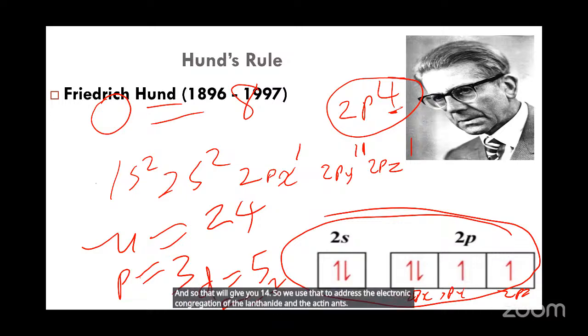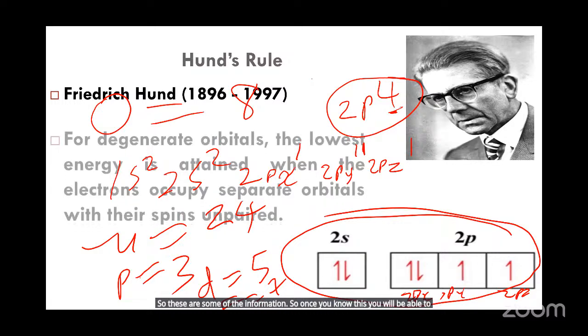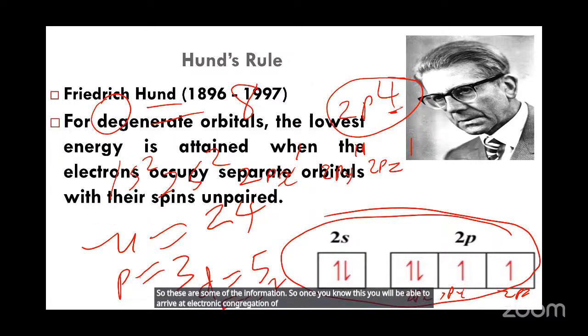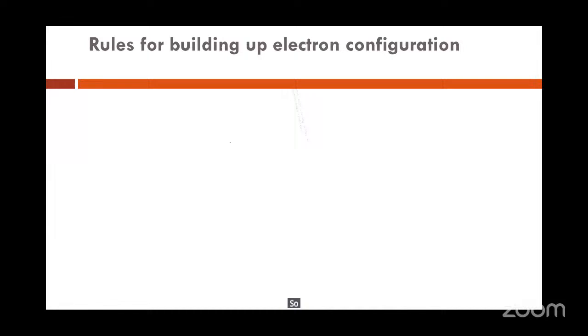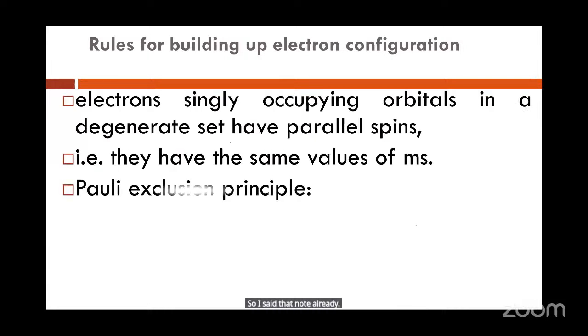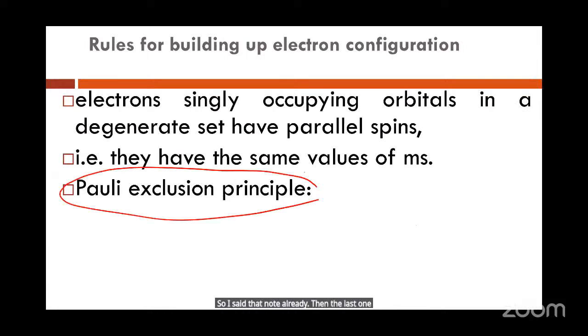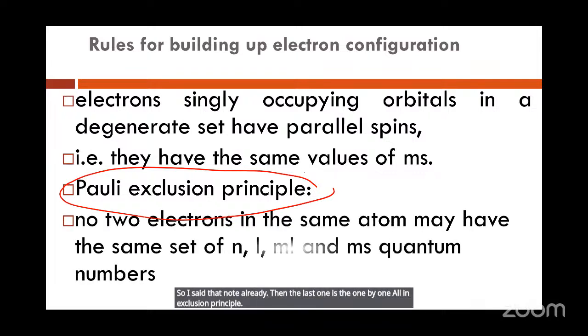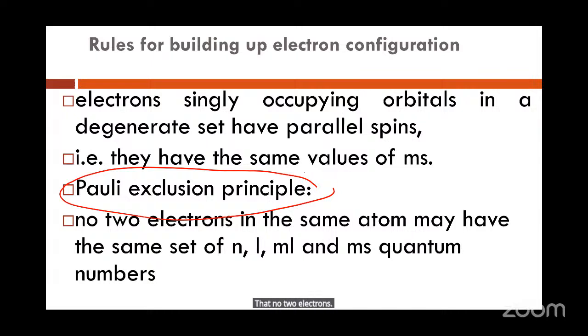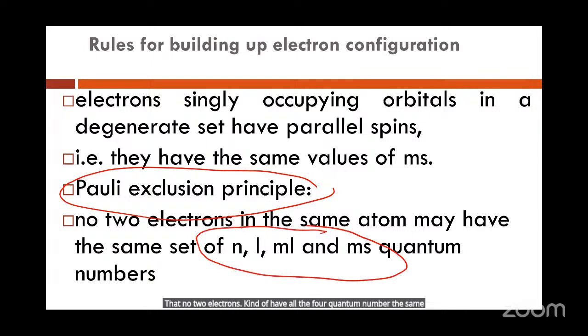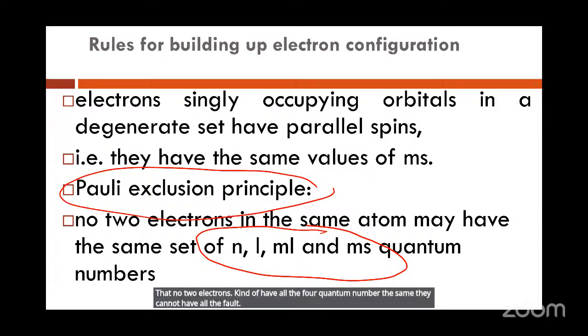So these are some of the information. Once you know this, you will be able to write the electronic configuration of all of them. So I said that note already. Then the last one is the Pauli exclusion principle, that no 2 electrons can have all 4 quantum numbers the same. They cannot have all 4 quantum numbers the same.